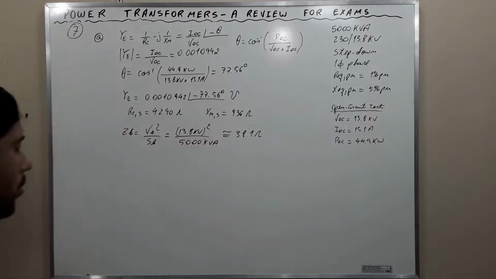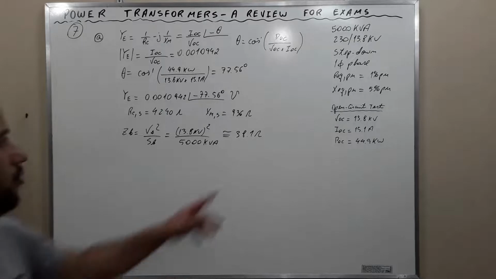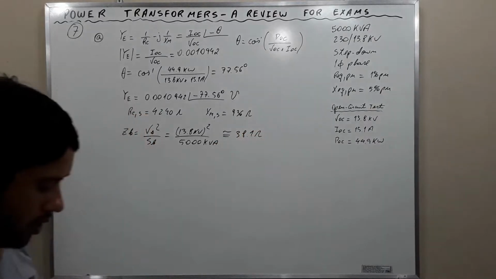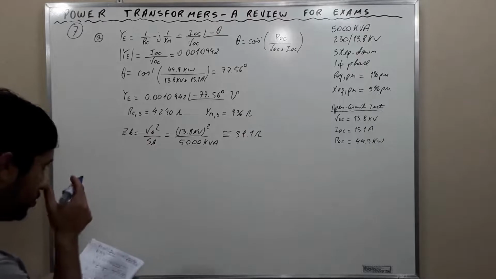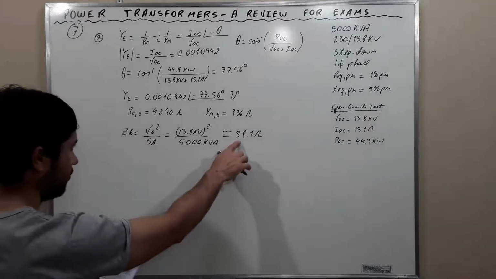This is our base impedance, and to convert these values from per unit to ohms, we multiply by the base impedance.